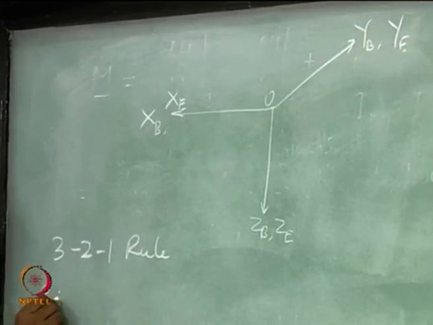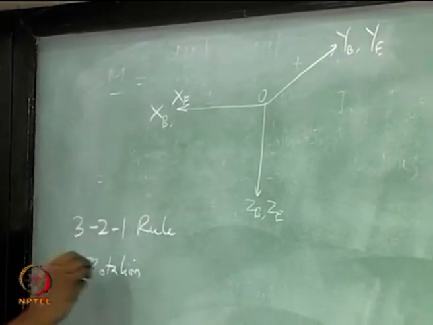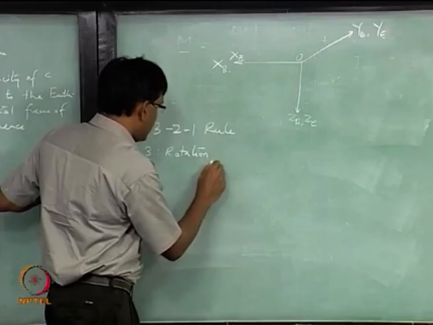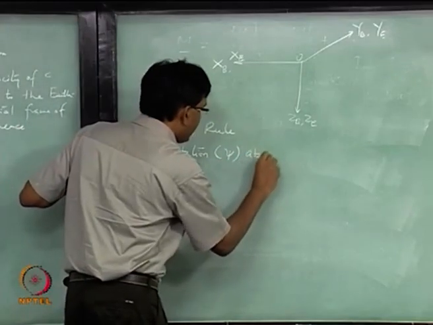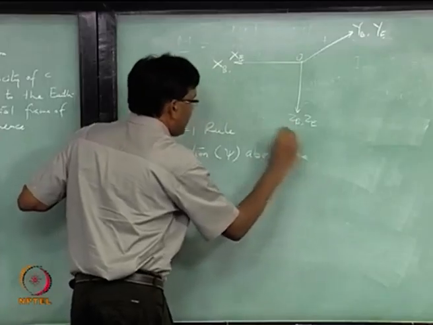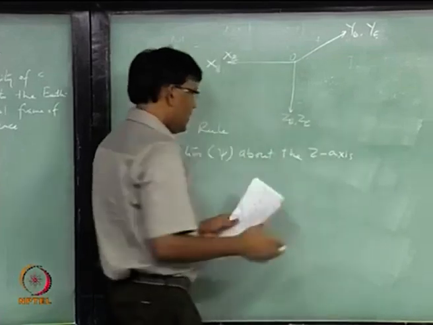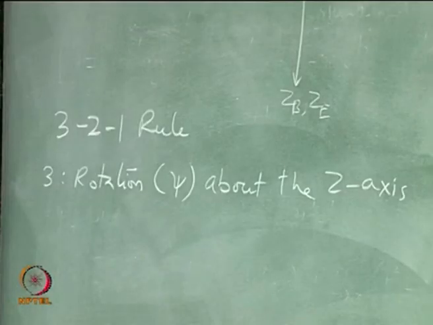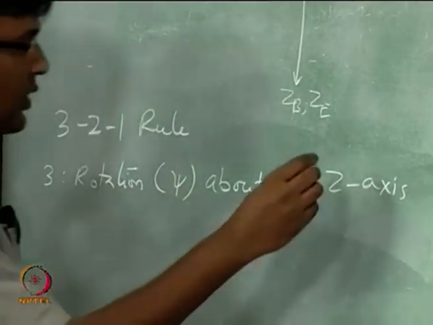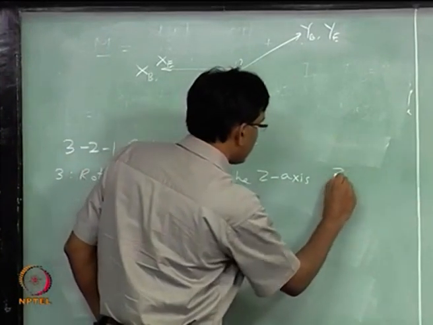So, 3 is the rotation about the z axis, and this z axis is the z axis of the body or the earth, right, because to start with both of them are coinciding with each other.